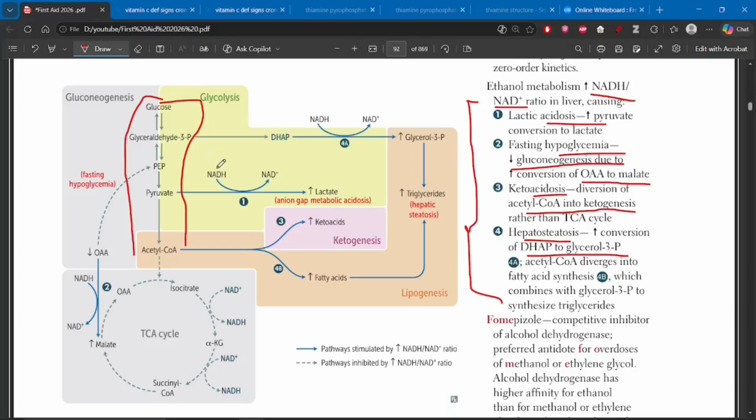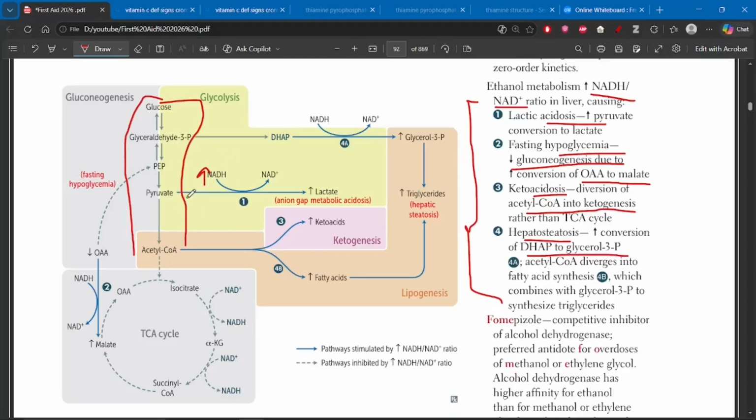So what happens is that in order for pyruvate to get converted into lactate, we need to have more NADH, right?